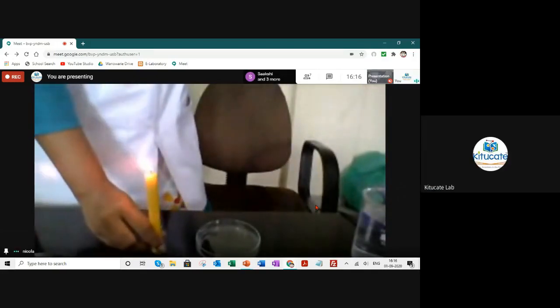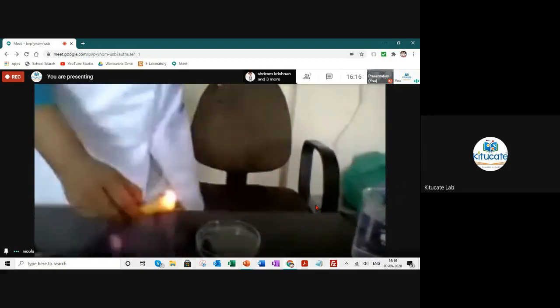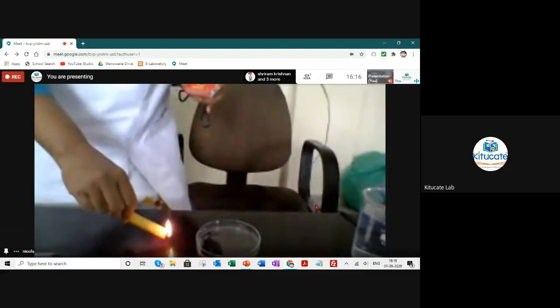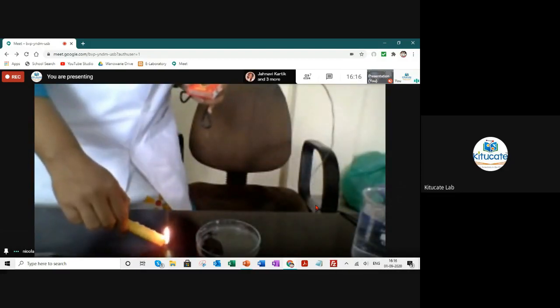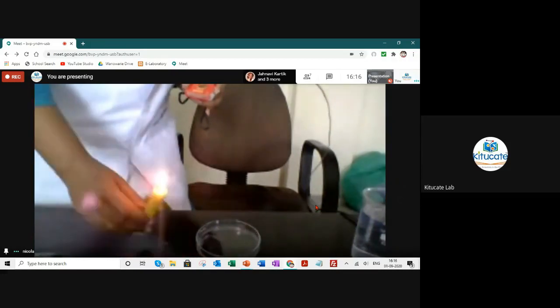So in this reaction, what we are going to do is burn the magnesium ribbon and collect the ash, because we are going to use this ash which is produced during the reaction for carrying out another experiment after this.